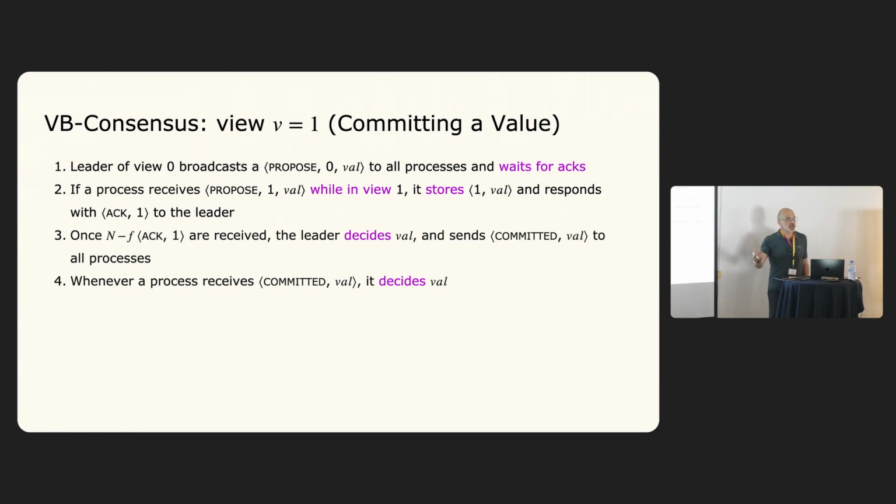And then once we find this out and we discover that something was indeed committed, then I try to recommit it again. And to recommit it again, I'm going to use the same protocol, but I'm going to instantiate it for some other view that I need. Okay. So this is a 2.5 steps protocol, essentially a protocol for committing any value in any view.